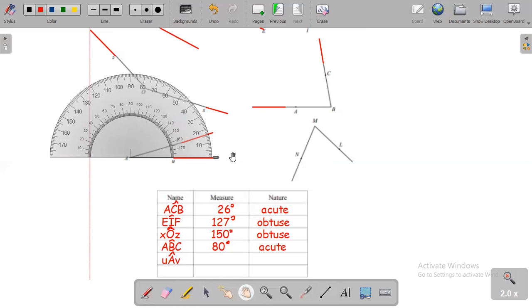We look at this side and we look at the numbers starting from 0. And we look at the other arm is on 16. So the measure is 16 degrees. What is the nature? 16 is less than 90 degrees. So the nature is acute.